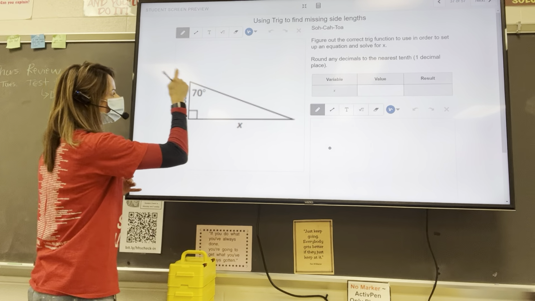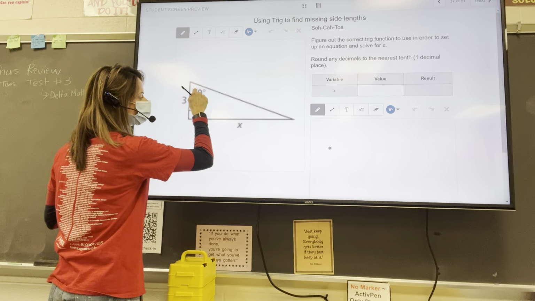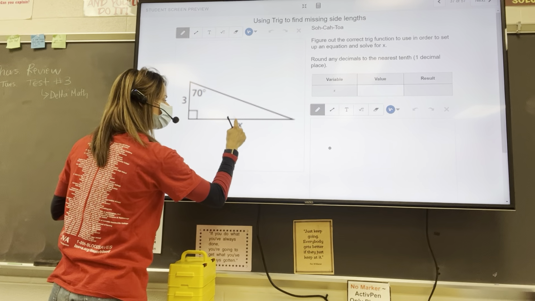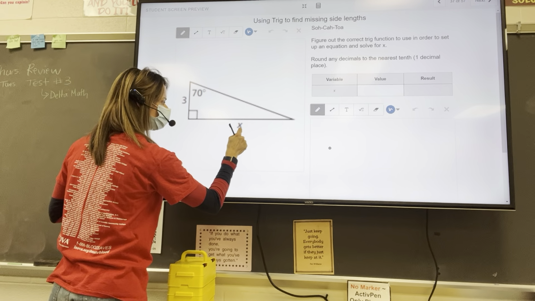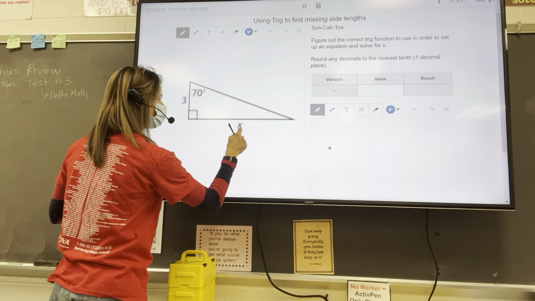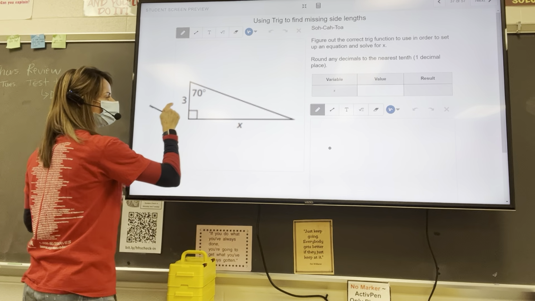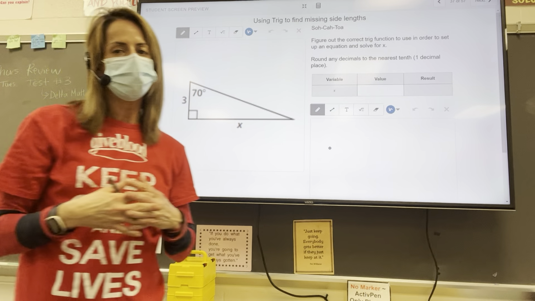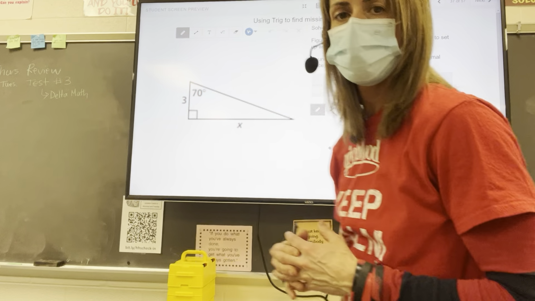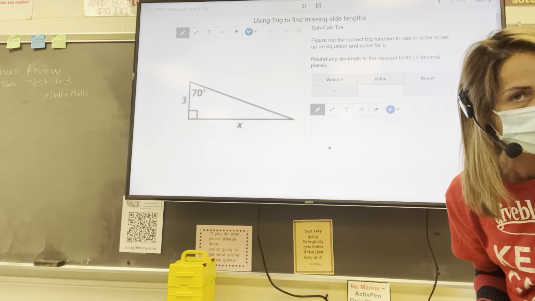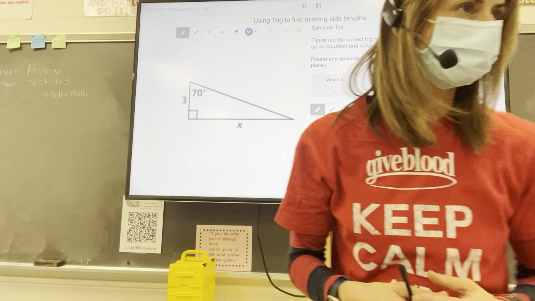So, referencing this 70 degrees, this side, this x, is opposite that 70 degrees. And this 3 is adjacent. Which trig ratio uses opposite and adjacent? Might have to look back at the slide, but.